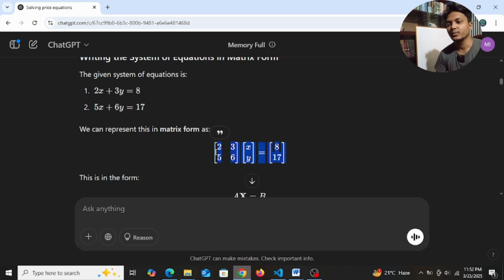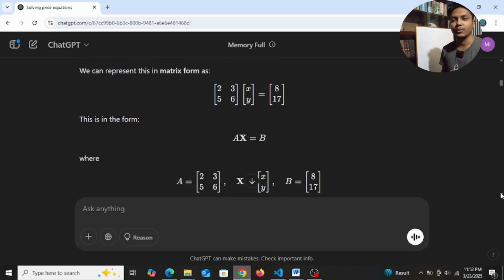We always see these types of equations in our books in class 9, 10. The same thing can be presented in this way. This is the matrix representation, guys. When I was in college, I used to wonder what these things are and why we are doing this.